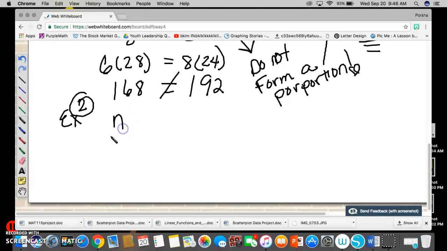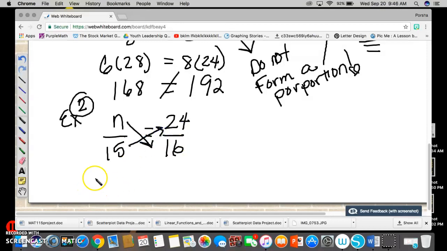So, our first example is going to be n over 15 equals 24 over 16. We're going to have to cross multiply, getting our cross products. So, that's going to be 16 times n equals 15 times 24.